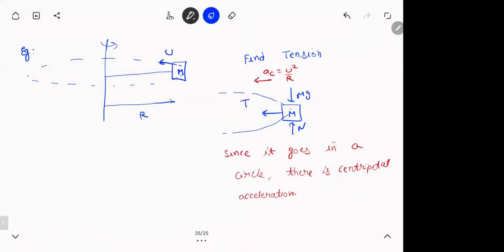Done. Once you get this, Newton's second law: net force is equal to mass into acceleration, m u square by r. There you got that answer. So this is how you solve the problems. Draw your free body diagram. If you're going in a circle, put the centripetal acceleration, write Newton's second law and solve. There is nothing more than that.